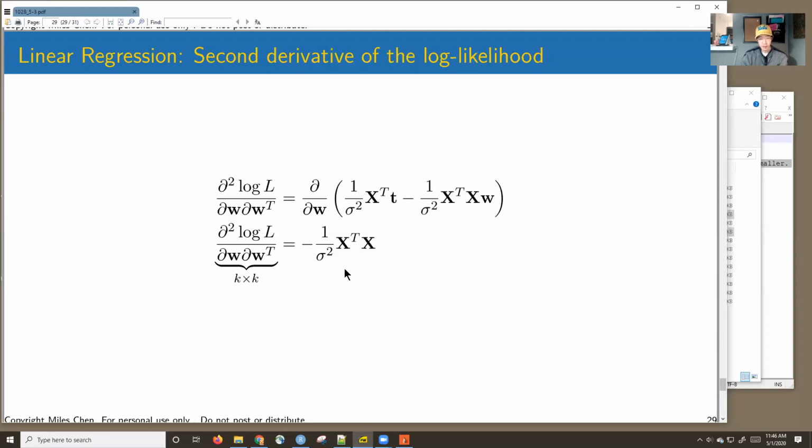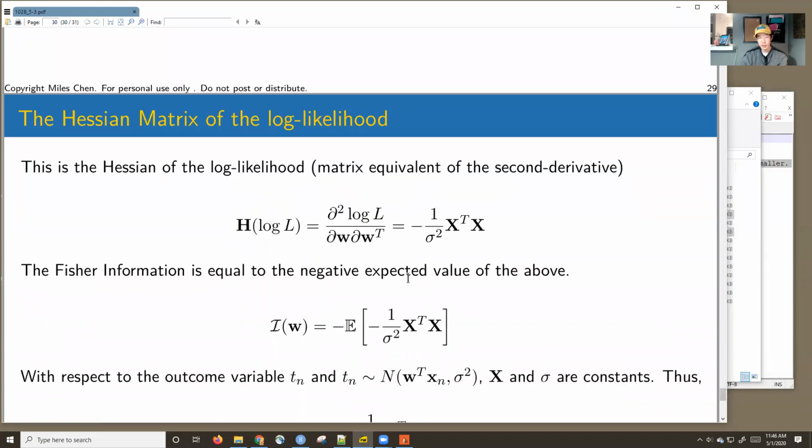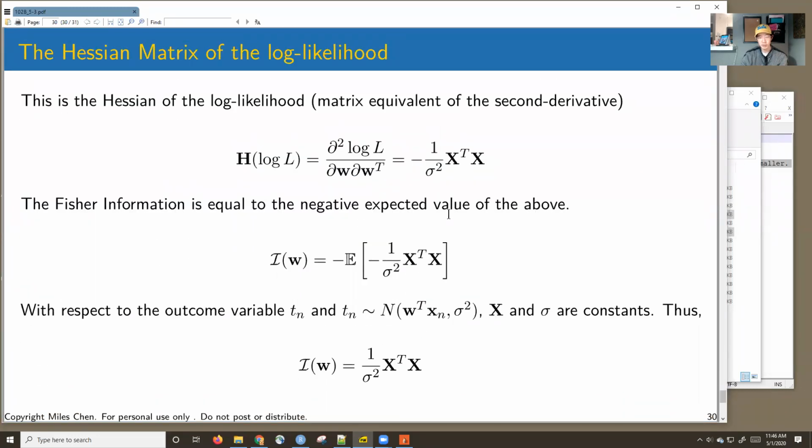All right, so this is the Hessian matrix of the log likelihood. It's going to be 1 over sigma squared x transpose x. The last thing that we're going to do is the Fisher information, which is the negative expected value.